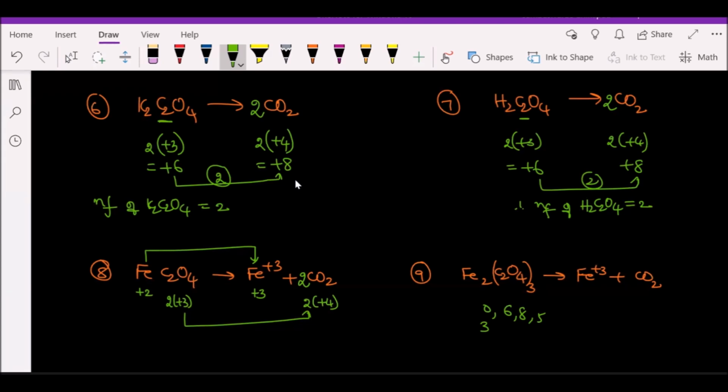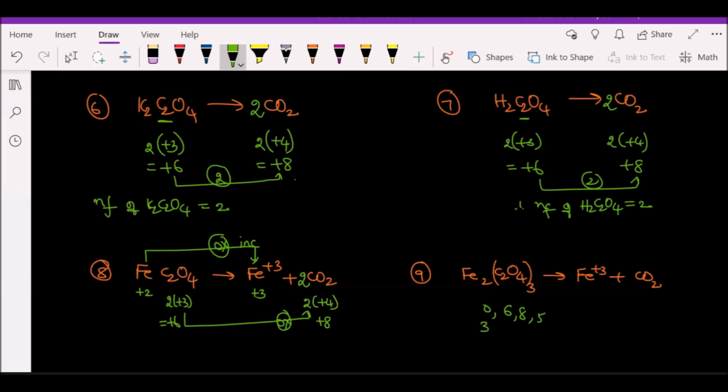So +2 to +3 is increasing, meaning oxidation. Here the total value +6 is converting to +8. It is also oxidation, increasing. So both are undergoing oxidation; from the same substance, more than one element is undergoing oxidation.